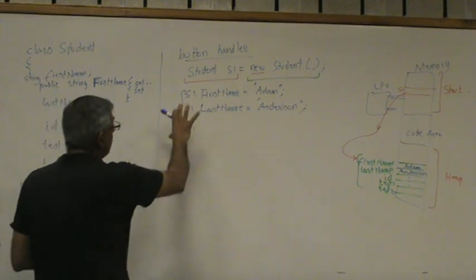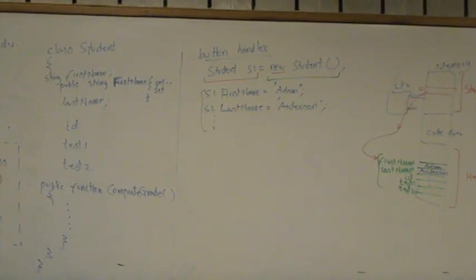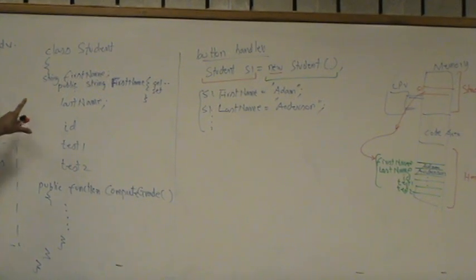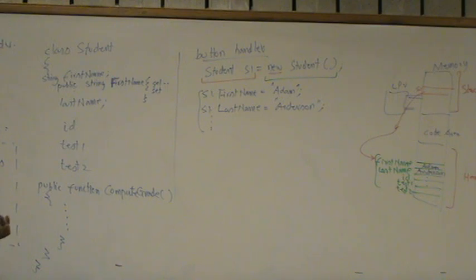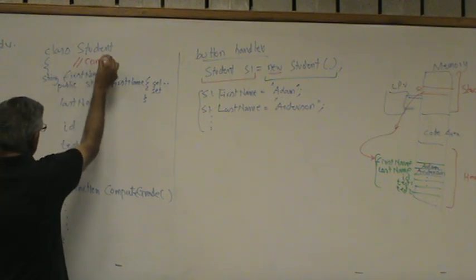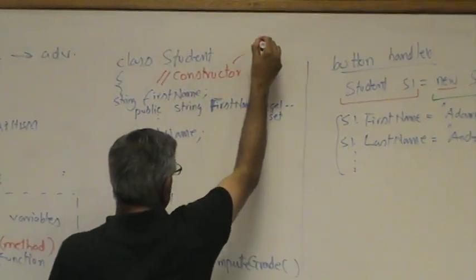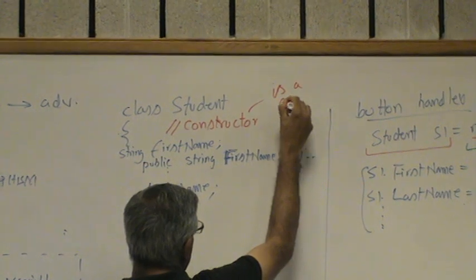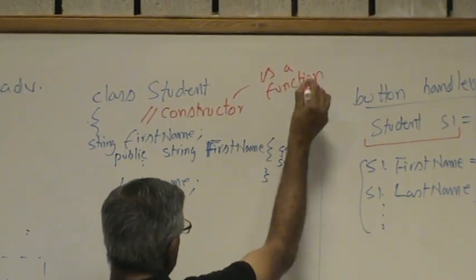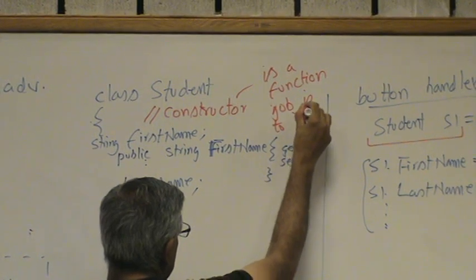So we can avoid having to write 5 lines of code if we provide what we call a constructor inside the class, okay? As most of you already know, a constructor is a function, and its job is to initialize the data.